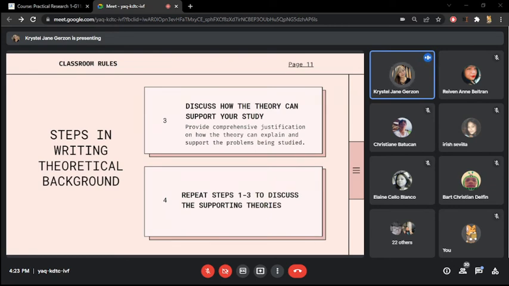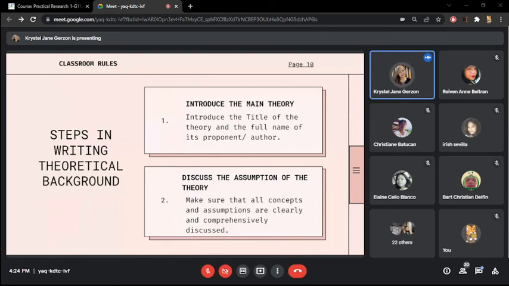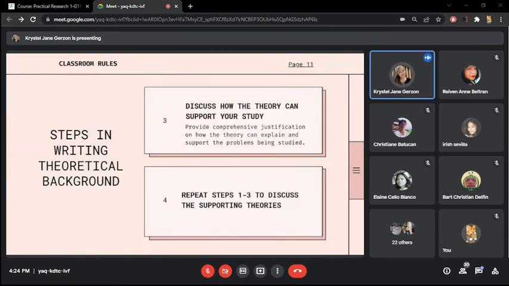Then, since I will be requiring you to have 2 to 3 theories, one main theory and at least one supporting theory, and I may ask you to add more theories if I think that your theories are not enough, you just have to repeat the process. Introduce the second theory, discuss the assumption, and then apply it to the context of your study.